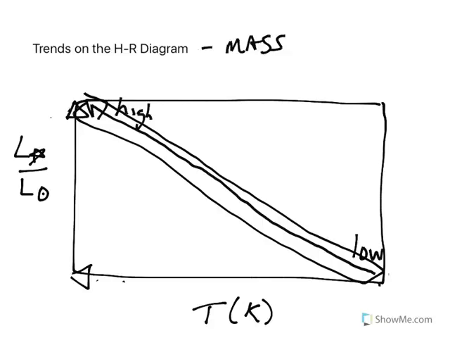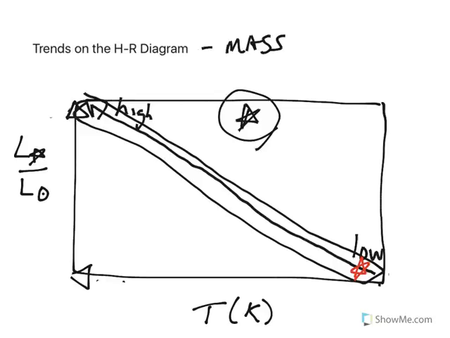So if I compared a small red star to a large blue star on the main sequence, the large blue star has the higher mass compared to the small red star. If I compared a supergiant to a red star on the main sequence and asked you which is the larger mass star, your answer should be, I don't know, because the supergiant star is off the main sequence.